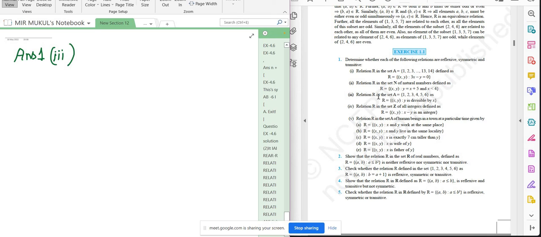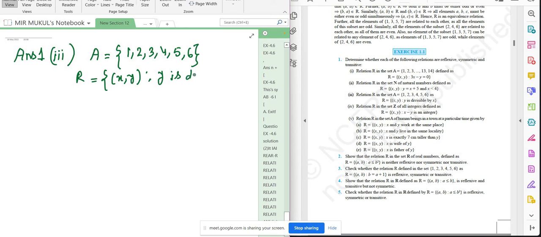Third question: relations are defined on set A. What is given? A equals {1, 2, 3, 4, 5, 6}, and R equals {(x, y) such that y is divisible by x}.